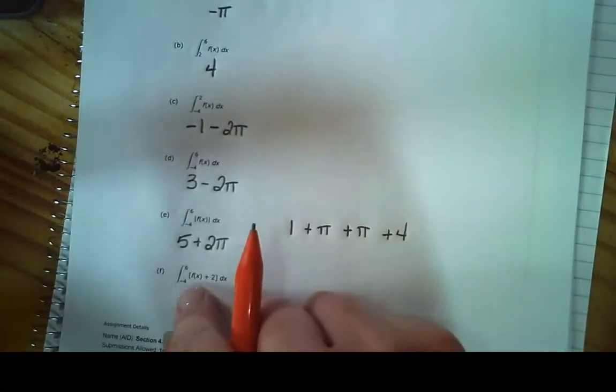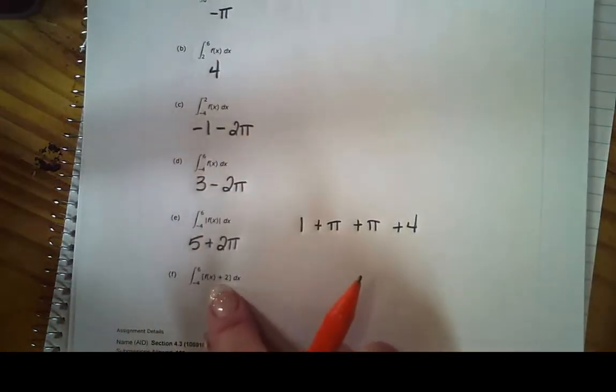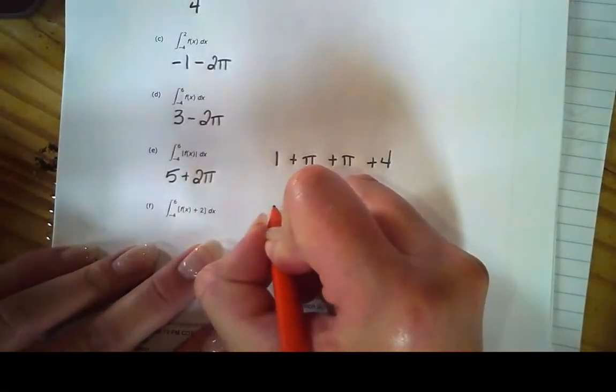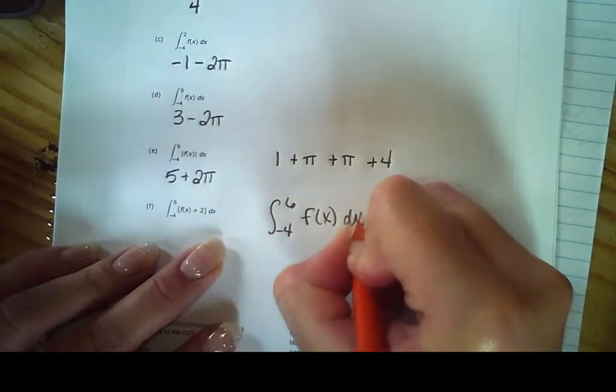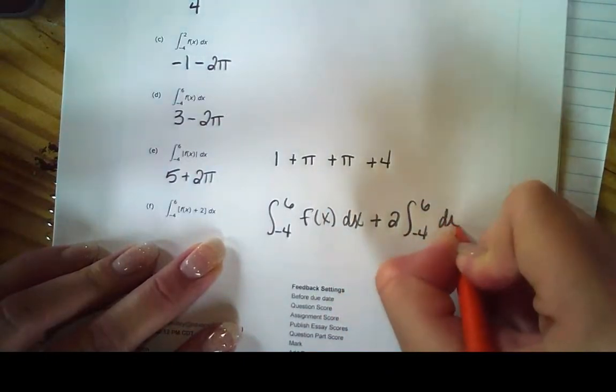This one says I'm supposed to pick the picture up and march it up 2 units. I have no desire to do that, so here's what we're going to do. We're going to separate this thing out. So I've got the integral from -4 to 6 of f of x dx plus the integral from -4 to 6 of 2 dx.